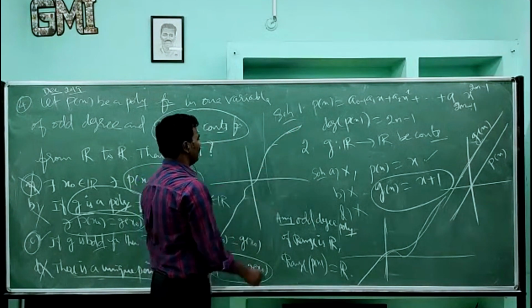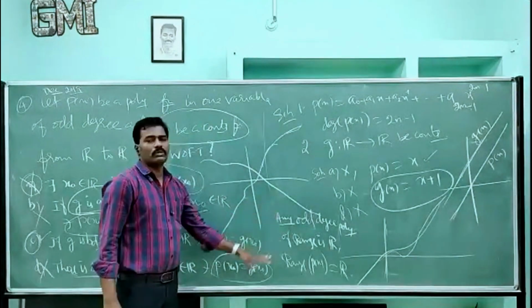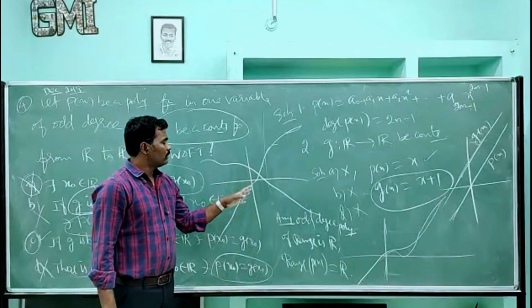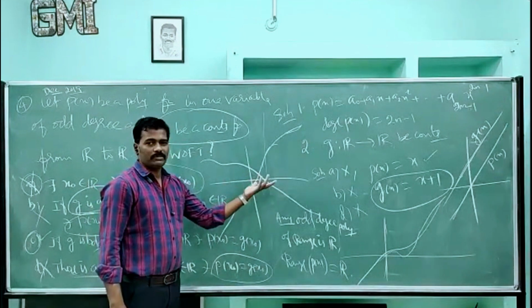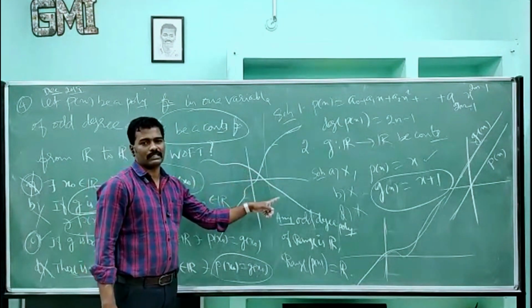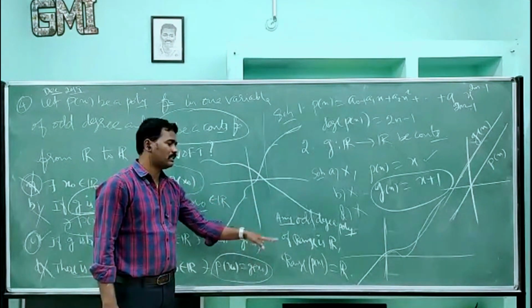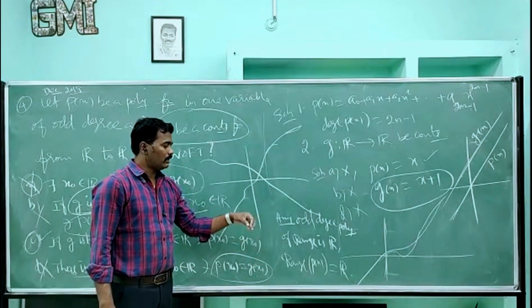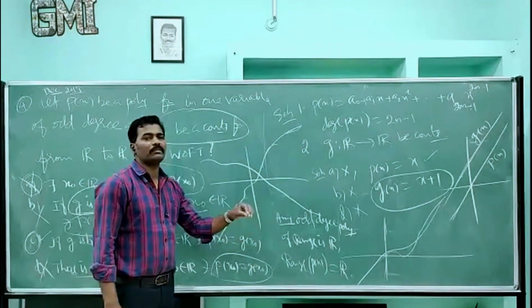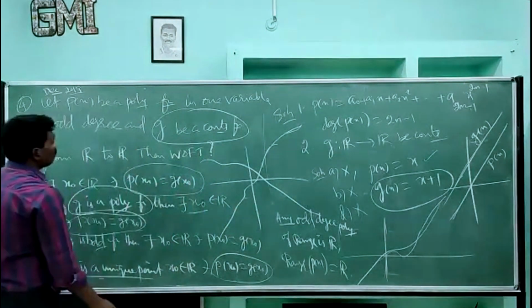It could be crossing this side or that side, maybe intersecting 4 or 5 times, we don't know, but at least one time they have to cross the x-axis. So odd degree polynomials are always onto functions. Anyway, what about g?